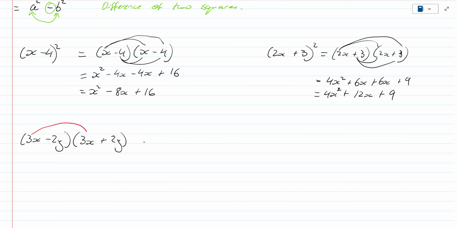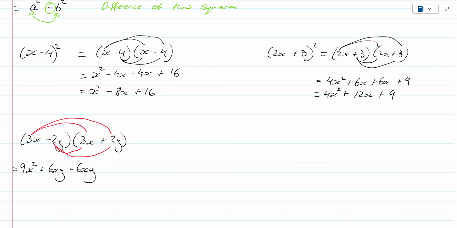3x times 3x gives you 9x squared. 3x times 2y, 6xy. Negative 2y times 3x, negative 6xy.